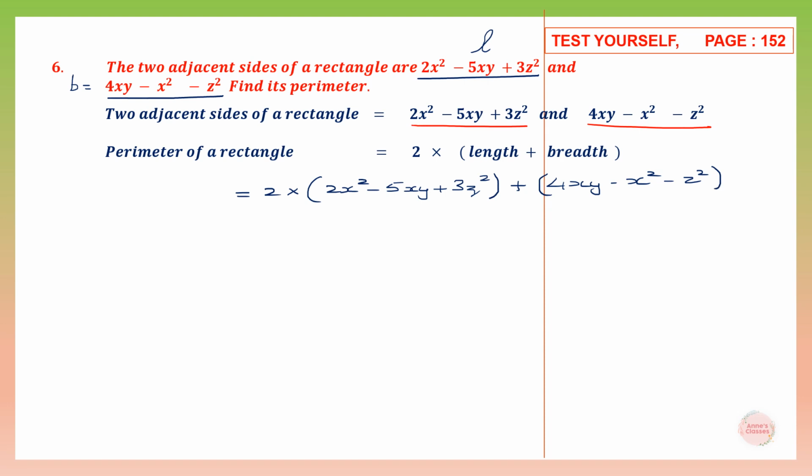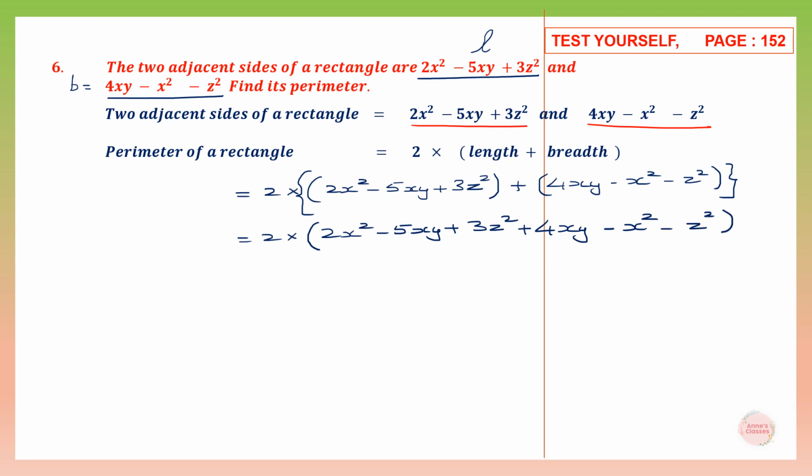So we have to add this up. So let's put these within brackets like this also. So now this is going to be 2 into, now here we're going to add these two. So for that we're going to remove the brackets. We have a plus sign, so you can write this as it is, no change. So let's write that now. So this will be 2x square minus 5xy plus 3z square plus 4xy minus x square minus z square.